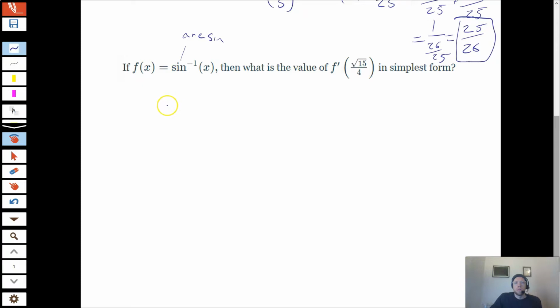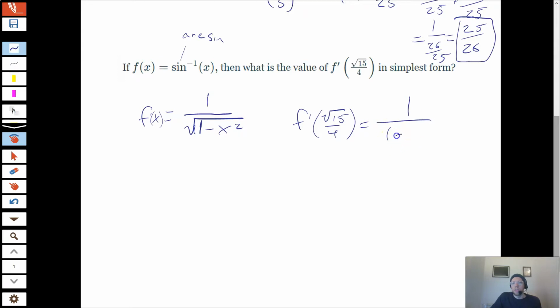So f prime of x, and notice there are no other functions involved, so I'm just essentially rewriting the derivative rule. Then we want f prime of root 15 over 4. This looks like it's going to be ugly, but it's actually going to work out pretty nicely for us.